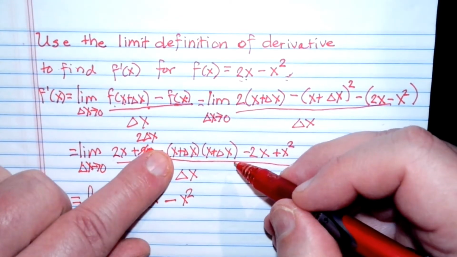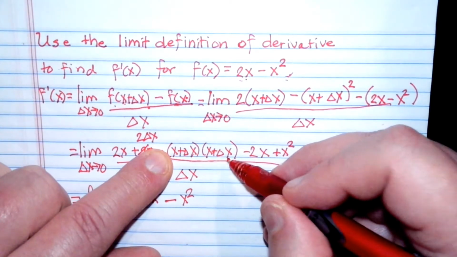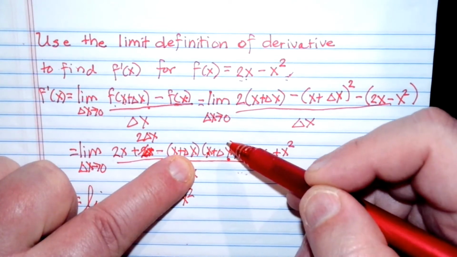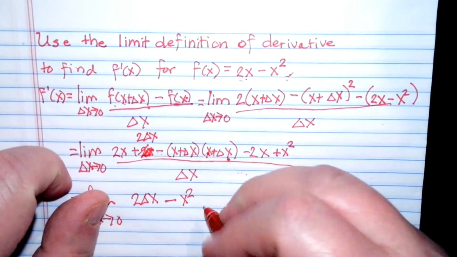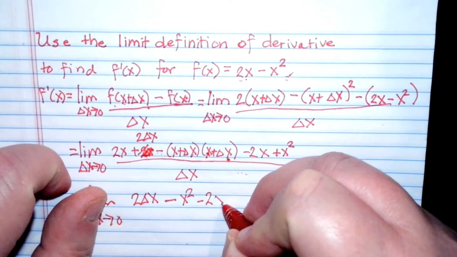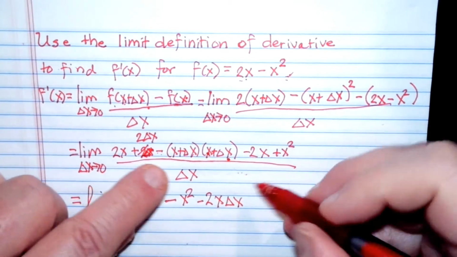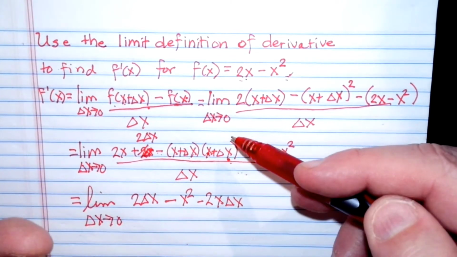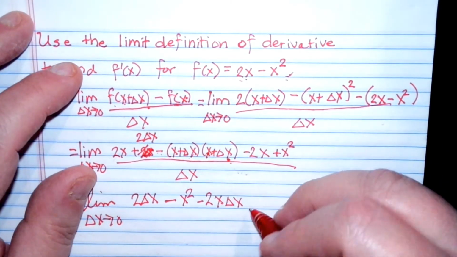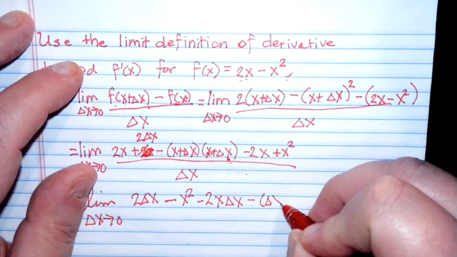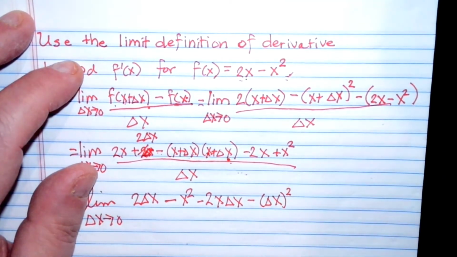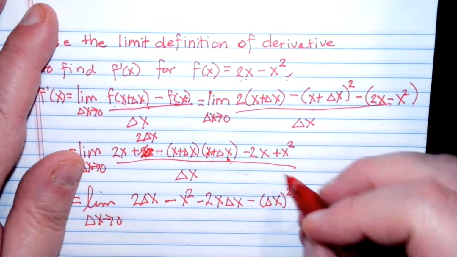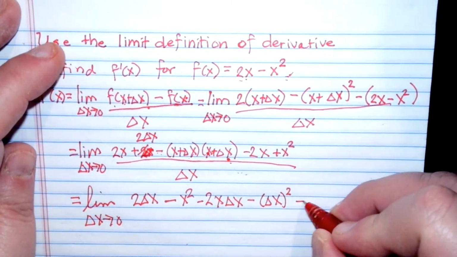And then you're going to have x times delta x, but then you're going to have another x times delta x. So that's 2x times delta x, but again you're subtracting, so that's minus 2x delta x. And then you're going to have delta x times delta x. That's the square of delta x. But remember we're squaring, so I'm going to write that as minus, and I'm going to put the delta x in parentheses, and that's squared. And let's see, the 2x went away previously.